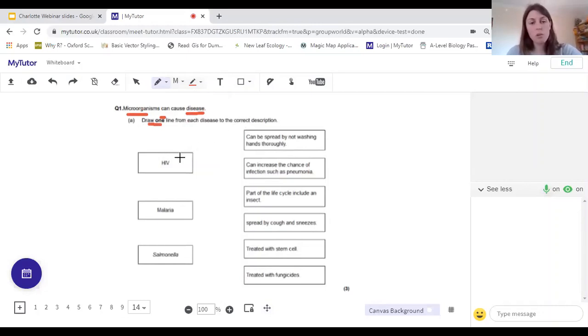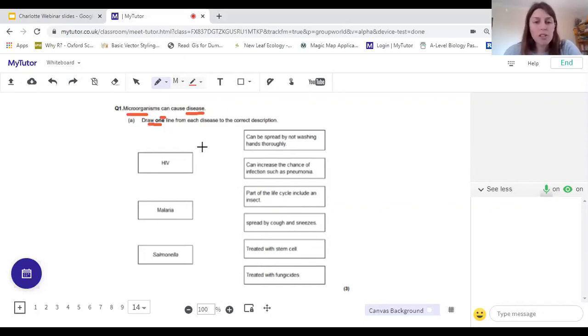So we've got HIV, malaria, and salmonella. We've talked about all of those today. Then the descriptions are: can be spread by not washing hands thoroughly, can increase the chance of infections such as pneumonia, part of the life cycle includes an insect, spread by coughs and sneezes, treated with stem cells, or treated with fungicides.